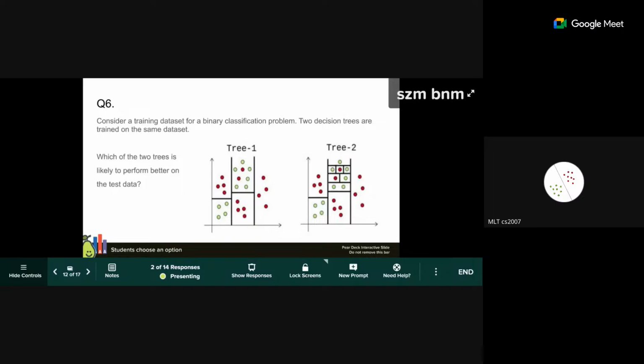So basically, in tree two, you are overfitting your data set, overfitting the model. So it is not going to generalize well if you get any new data point, and if you have to predict for that new data point, it may not work very well.